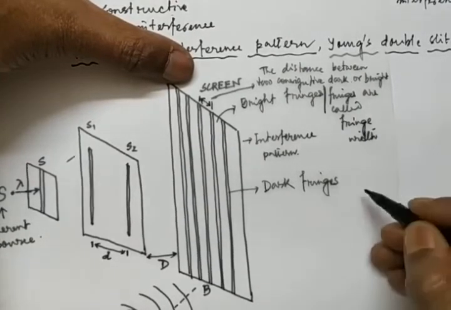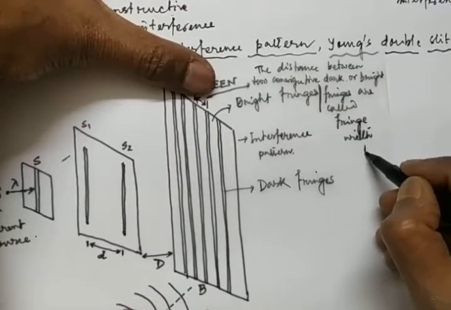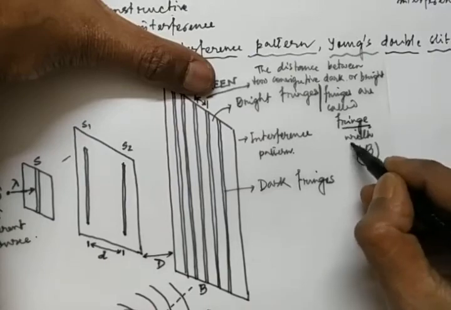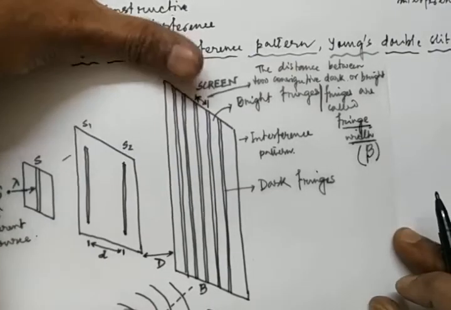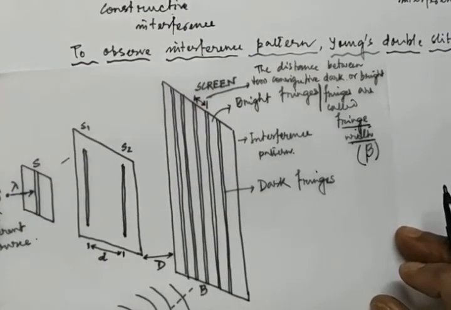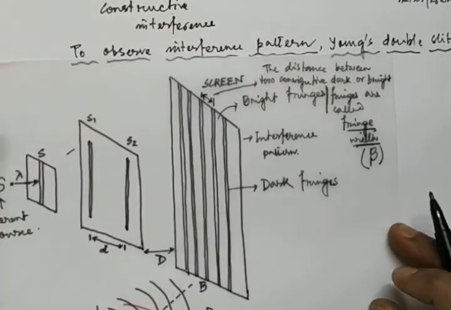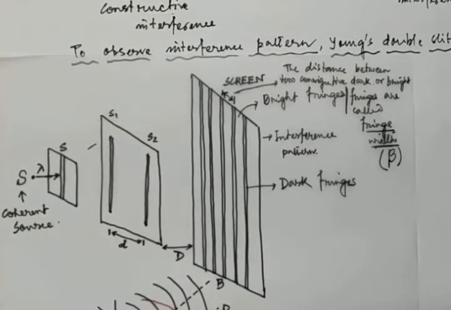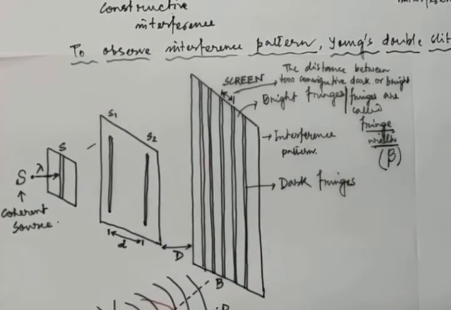And remember, fringe width is denoted by beta. Always. Fringe width is always denoted by beta. So the width of the fringe is called fringe width. Bas, kahani khatam. So this is called the experimental setup of Young's double slit experiment.